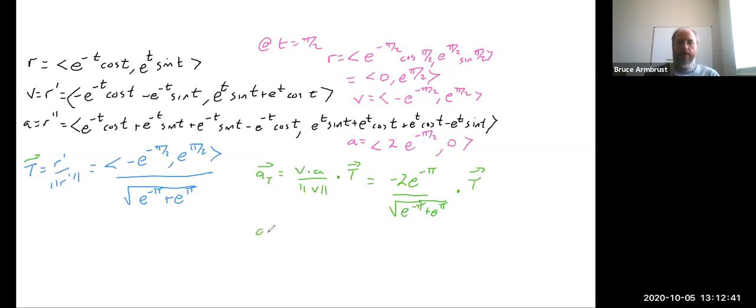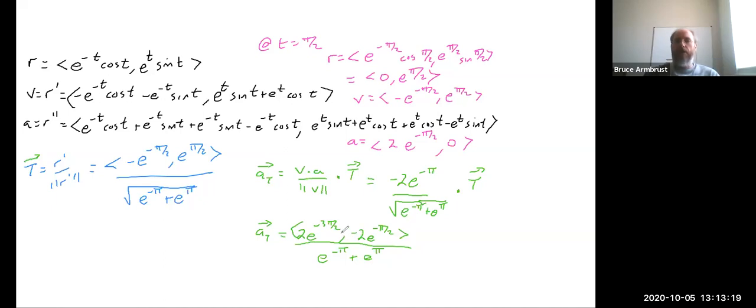And what we end up with as the vector, the tangential acceleration piece, is 2e to the minus 3 pi over 2, comma, minus 2e to the minus pi over 2, divided by e to the minus pi plus e to the pi. And yes, I know we could simplify that some way, but I'm just going to leave it like that. All right, so there's our AT.